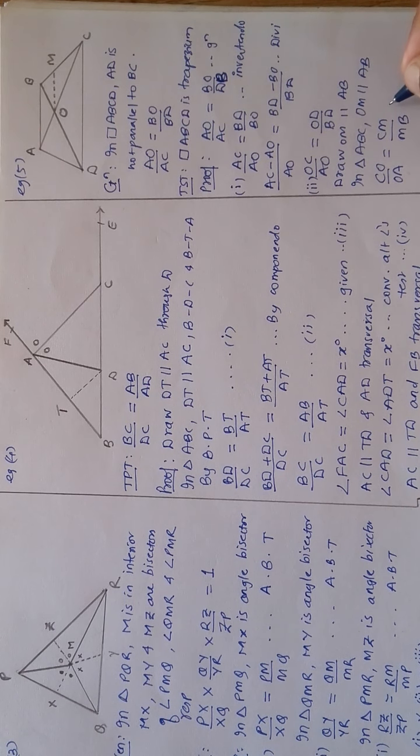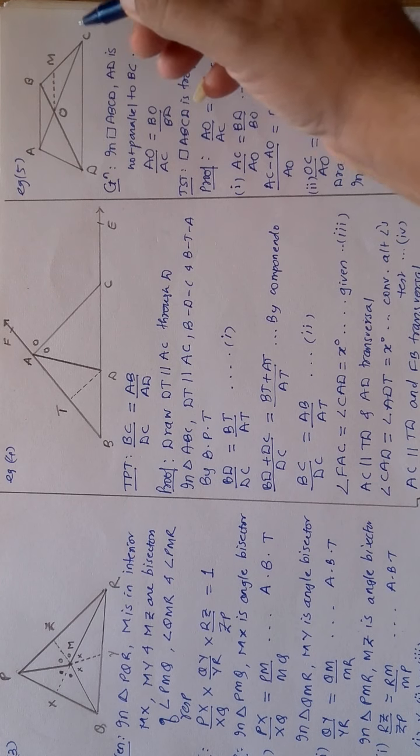It will not make a big difference. This is by the basic proportionality theorem and statement number 3. Again I repeat, do not write it as BPT. CO is to OA is equal to CM is to MB. Okay, I got CM is to MB.